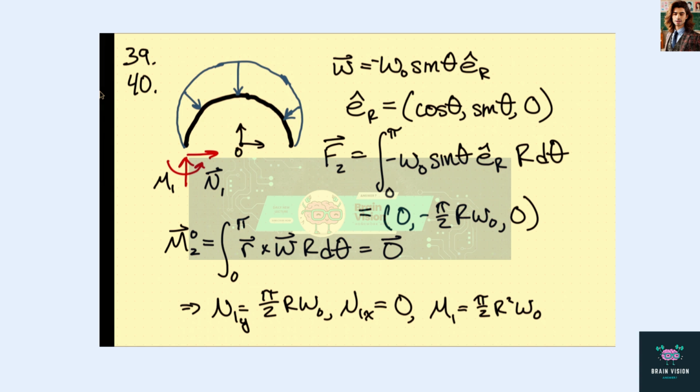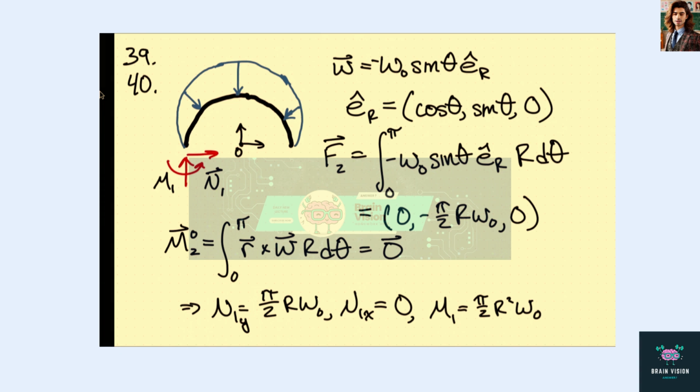If we sum forces in the vertical direction, we get that N1y is pi over 2 r omega naught, and N1x is 0, and then the moment is pi over 2 r squared omega naught because of this moment arm here.